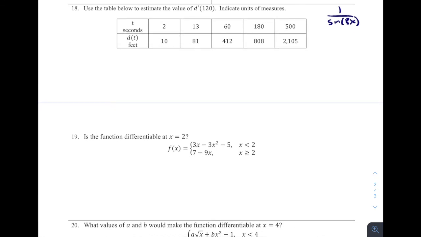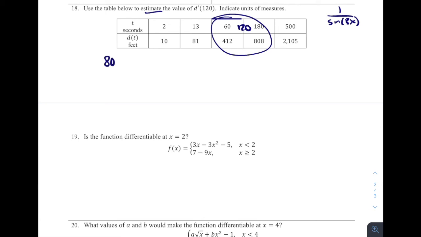So where's 120? Well, 120 would be right here. You always want to use the x and y values or t and d of t values as close to the function as possible. So I'm going to be using those two sets of points. But we're estimating the value, right? I don't know what d of t is. So the best that we can do is estimate it by finding the average rate of change between the 2 points that are closest to it. So what is that going to be?